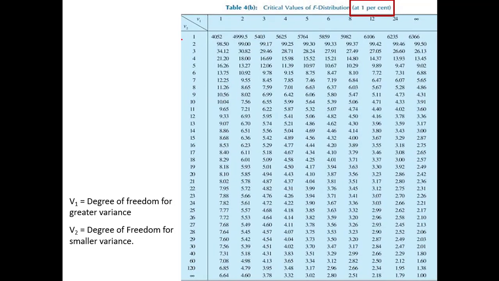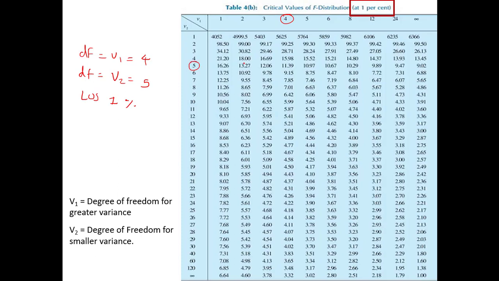Here we are going to find the values from the degrees of freedom only. For example, if I have the first degree of freedom, V1, let's say 4, and the second degree of freedom, V2, let's say 5, then at the 1% level of significance, the value of F will be, I am going to find it here because 4 is the first degree of freedom, and 5 is the second degree of freedom.